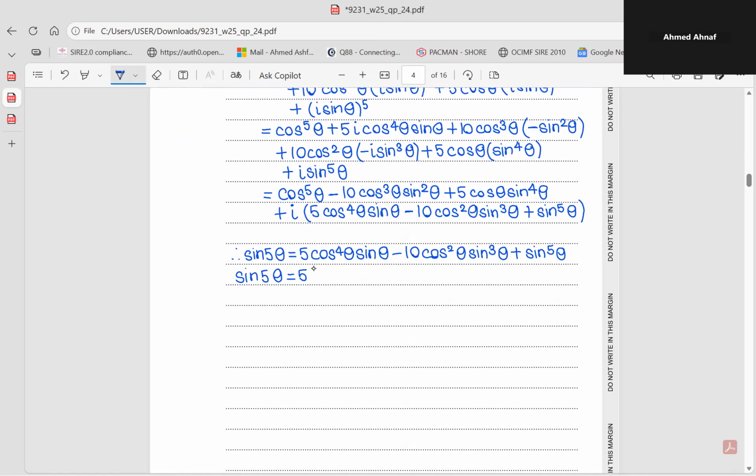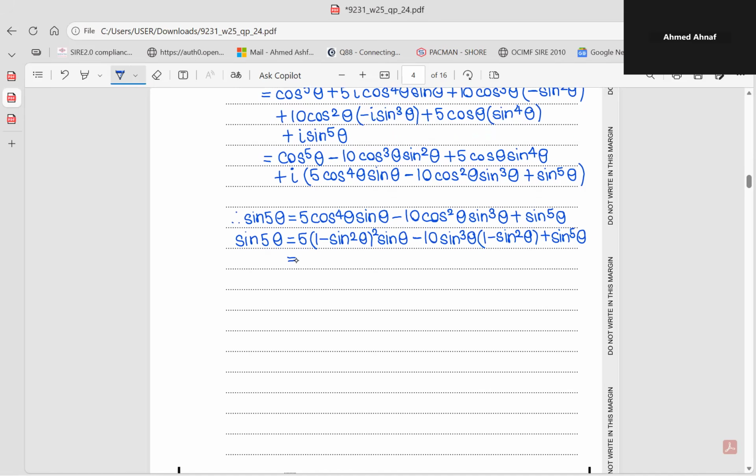And we know that cos squared is 1 minus sine squared. So therefore, this is just going to be 5 times 1 minus sine squared theta squared sine theta minus 10 sine cube theta times cos squared, which is 1 minus sine squared, plus sine to the power of 5 theta.